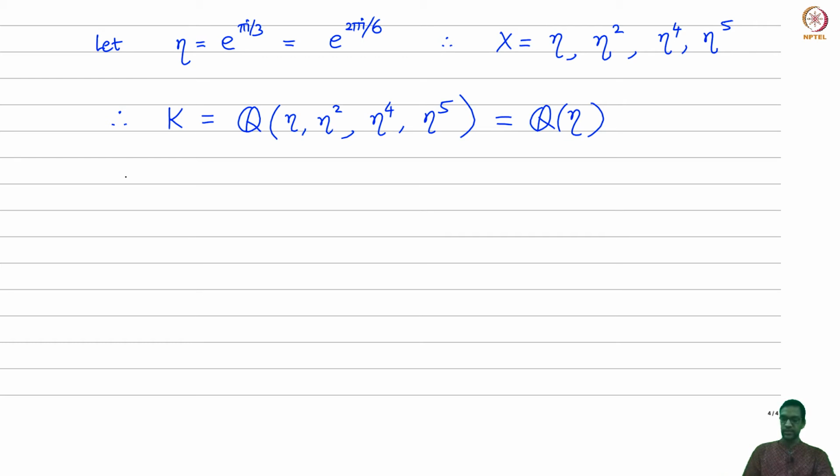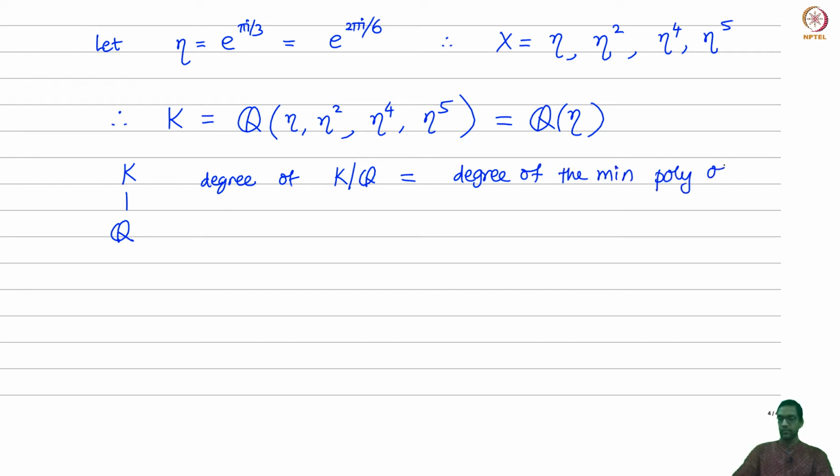In other words, K over Q, observe the degree of this extension is nothing but the degree of the minimal polynomial that eta satisfies over the rational numbers. So let's see, what is this minimal polynomial that eta satisfies?